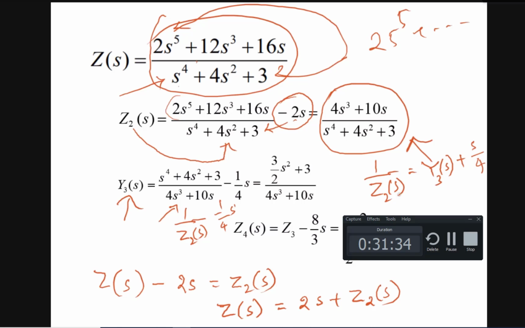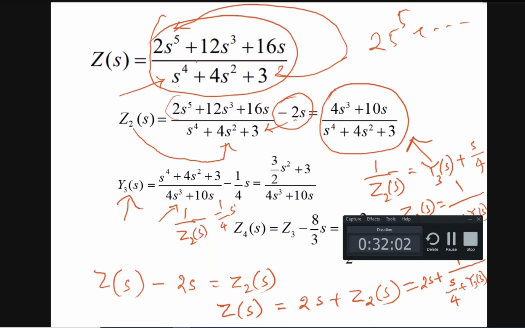Right. Now Z2 of s is simply the inverse of this. Z2 of s equals 1 by s by 4 plus Y3 of s. Now Z of s becomes 2s plus 1 by s by 4 plus Y3 of s.